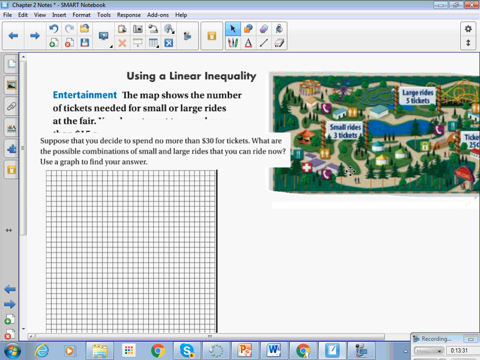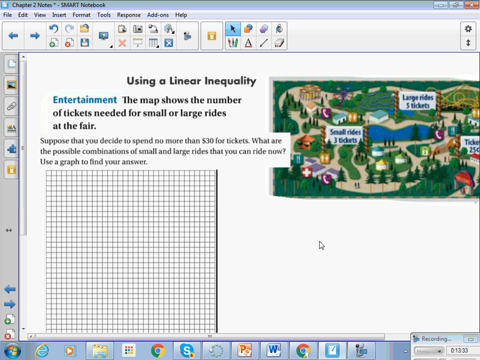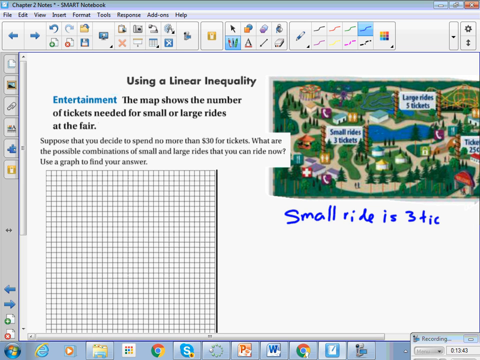So we are going to collect this information. A small ride is 3 tickets. You don't have to draw the picture, you just say small ride is 3 tickets, and large ride.